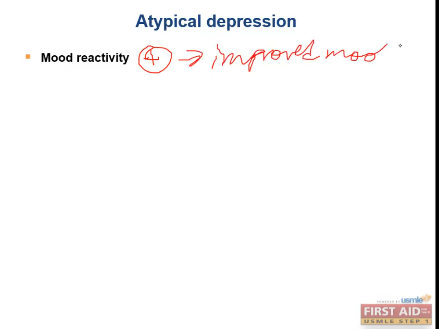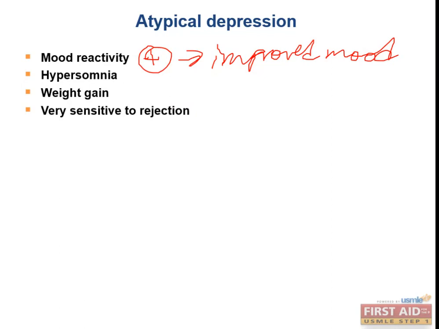These patients also have hypersomnia, they sleep a lot, weight gain due to overeating, and oftentimes these patients will be very sensitive to rejection. Atypical depression is common in younger patients, such as teenagers, and is usually treated with MAO inhibitors or SSRIs.